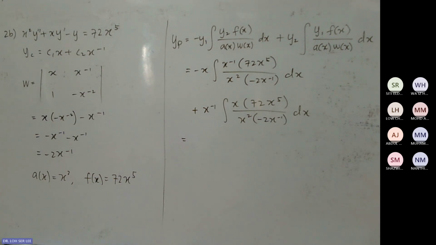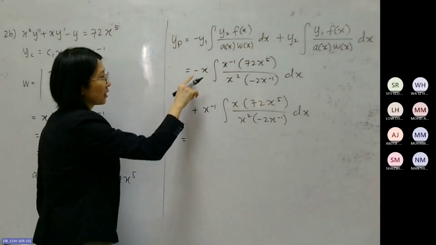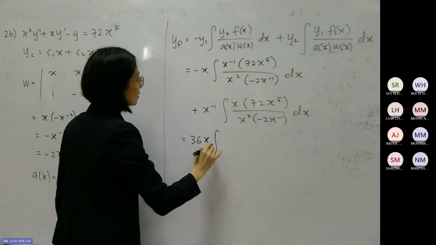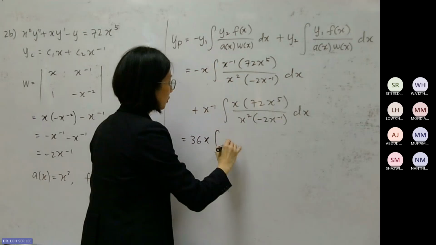Factorize the constant. 72 over -2 is -36. So negative, we get a positive 36. Next, 1, 2, 3, 4. Combine into 1x.